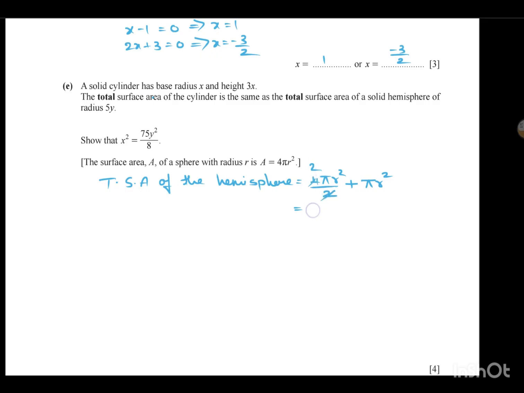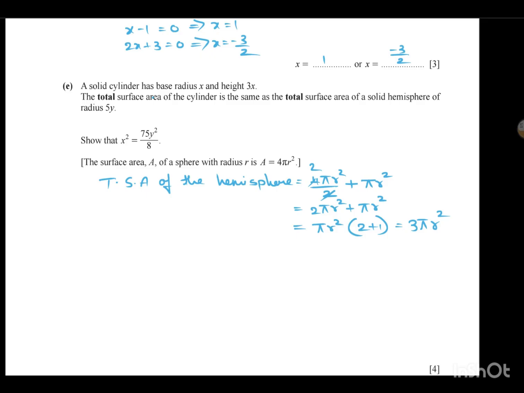So it will be 2 pi r square plus pi r square. If I take pi r square common, I get 2 plus 1, which is 3 pi r square.